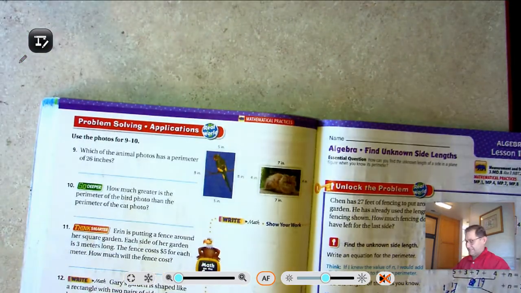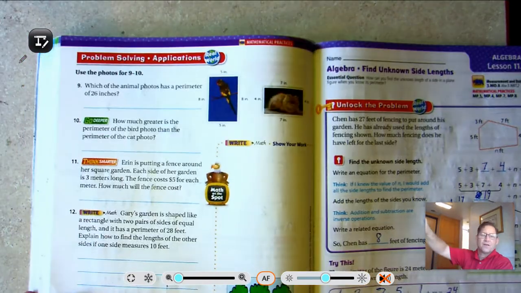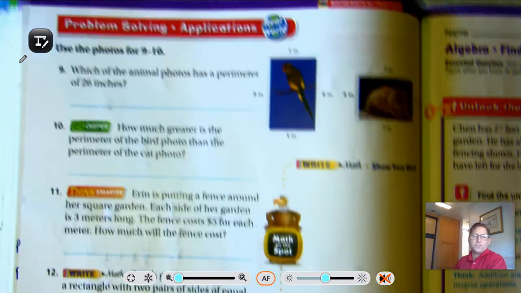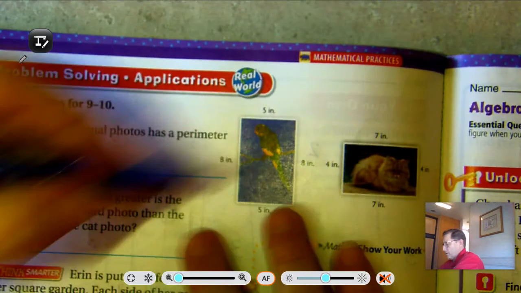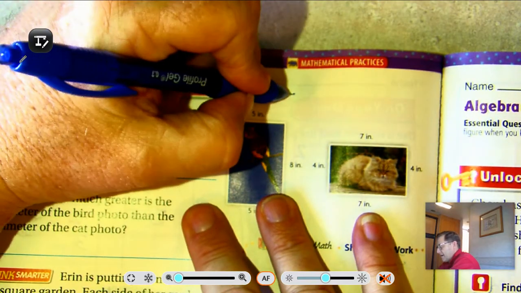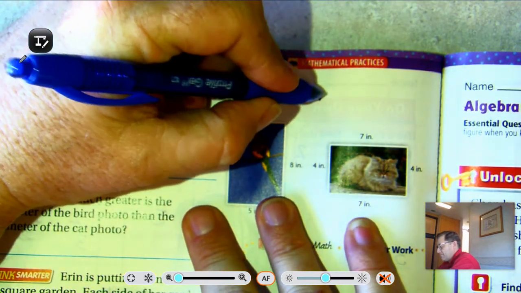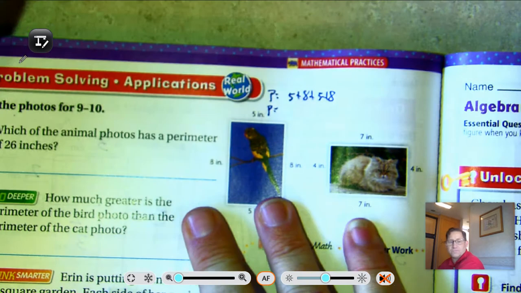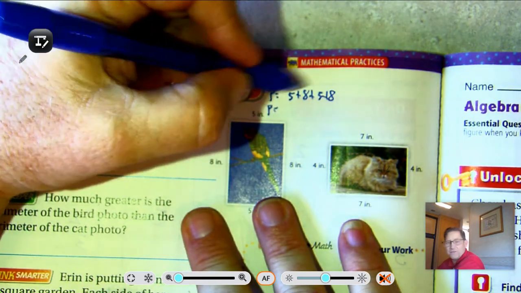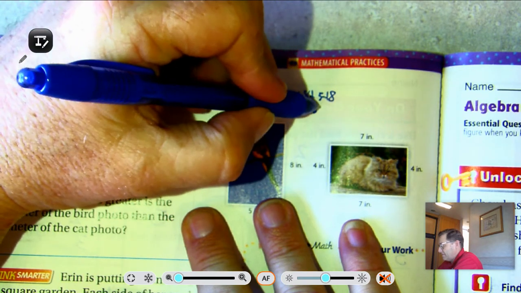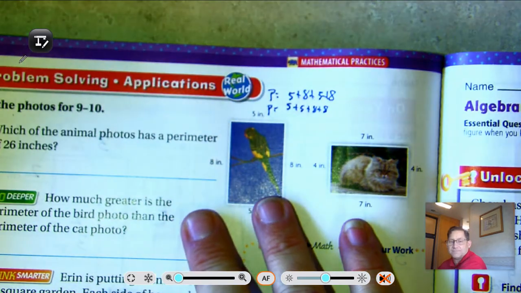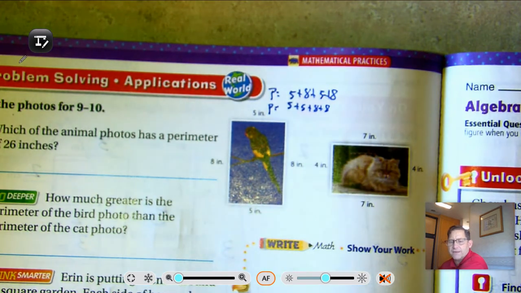All right, 460, number 9. Which of the animal photos has a perimeter of 26 inches? All right, well, 5 plus 8 plus 5 plus 8. This time I think I'm going to rearrange the numbers to have 5 plus 5 plus 8 plus 8. Commutative property lets me do that, right?